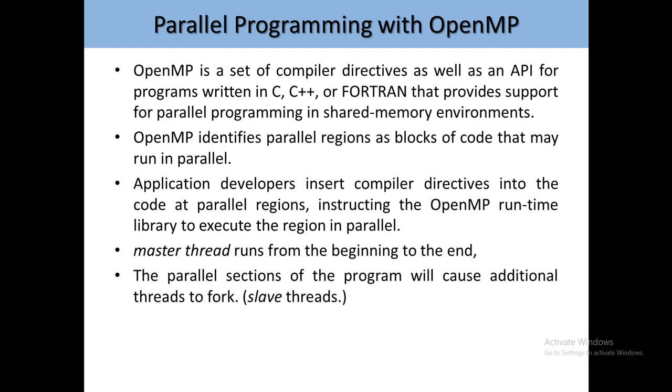Basically, OpenMP is a tool which identifies some of the parallel regions present in our code, and that code can be run in parallel. So the application developers can insert compiler directives into the code at the identified parallel regions, thereby instructing the OpenMP runtime library to execute that code in parallel.